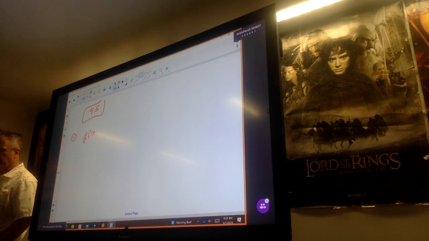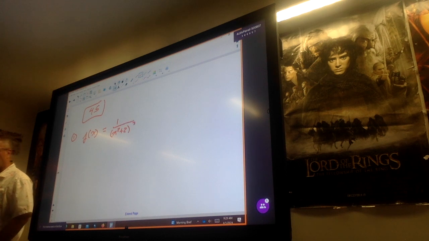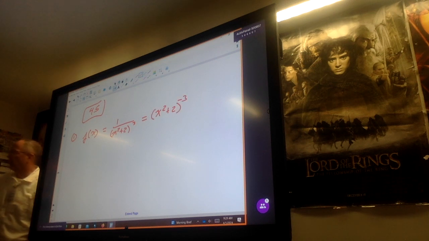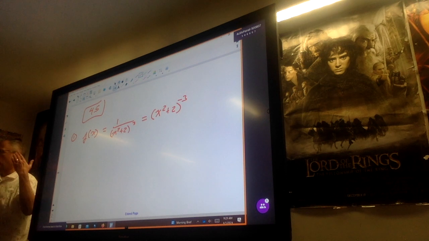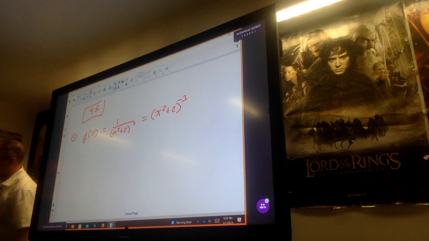First one, we have this. All right. They want you to find the derivative of this. So the first thing I'm going to do is turn this into this. So it's no longer a fraction because I move whatever's in the denominator up.